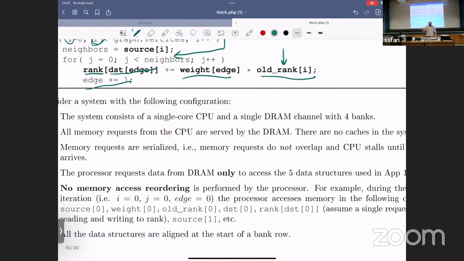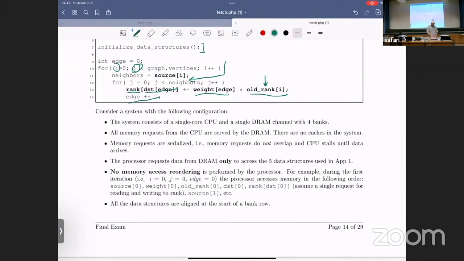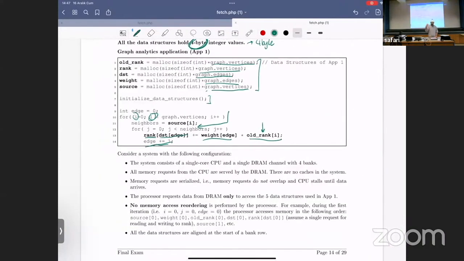DST1 and then rank of DST1. Yes. The edge is increased, right? Yeah, but it's for every edge.